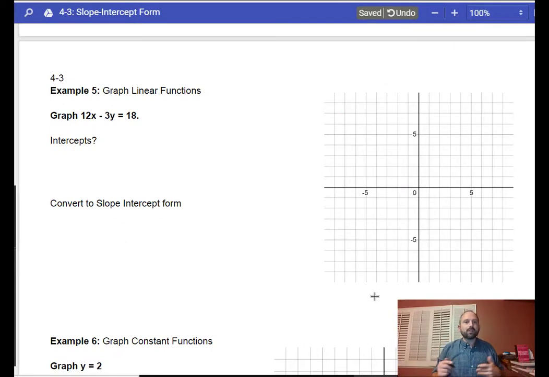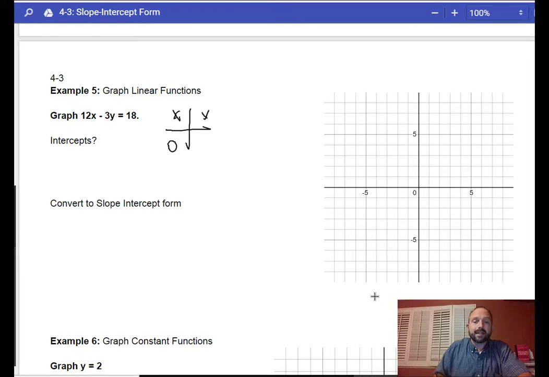Graph linear functions. What about the intercepts? Intercepts are really nice. So for example, if we were going to plug in 0 for the x and 0 for the y, if I plugged in 0 for x, then I would get -3y equals 18. So I know that y is -6.